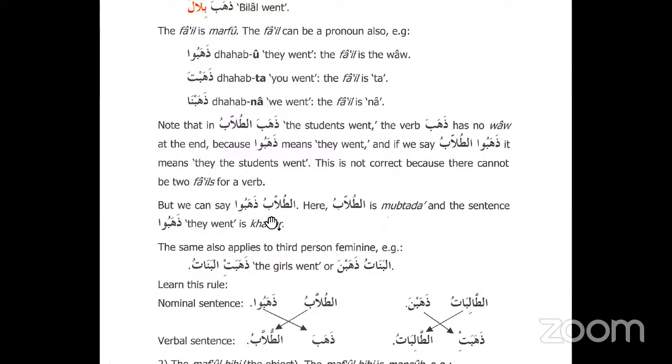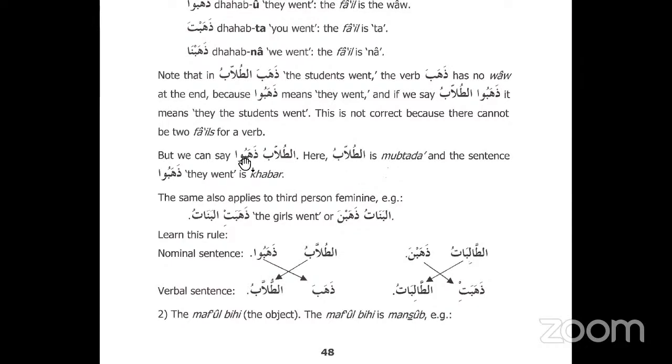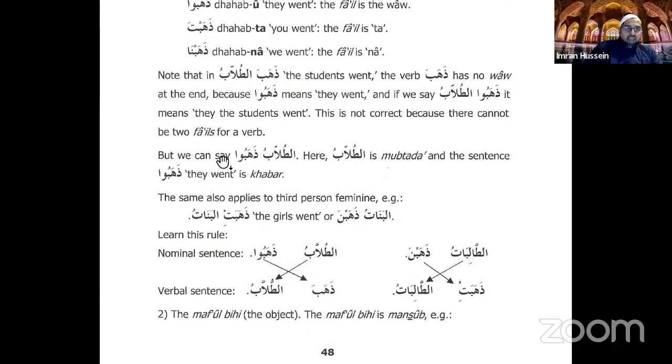So when we say at-tullabu dhahabu, at-tullabu is mubtada and it's plural. And in dhahabu, the doer should normally come after the verb, but at-tullabu is not mentioned after dhahabu.